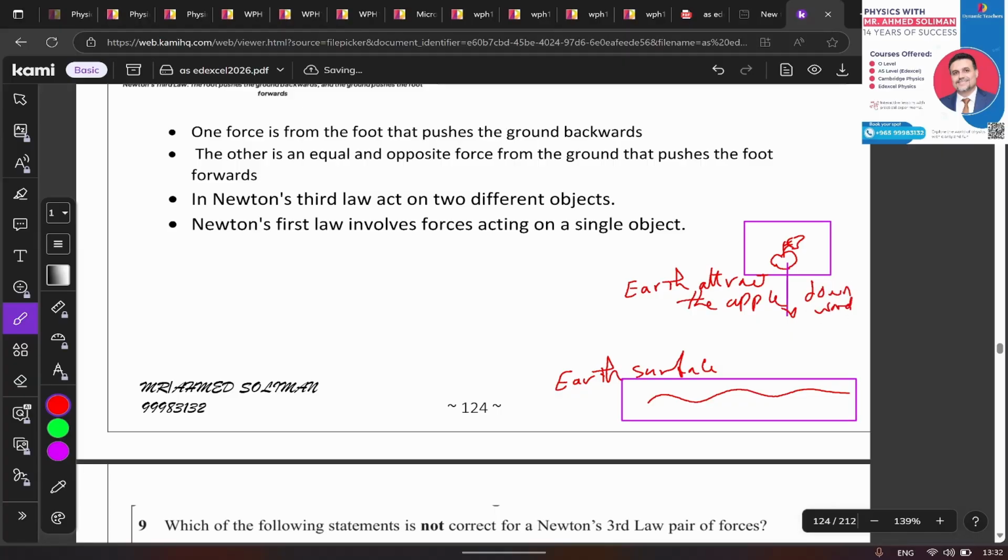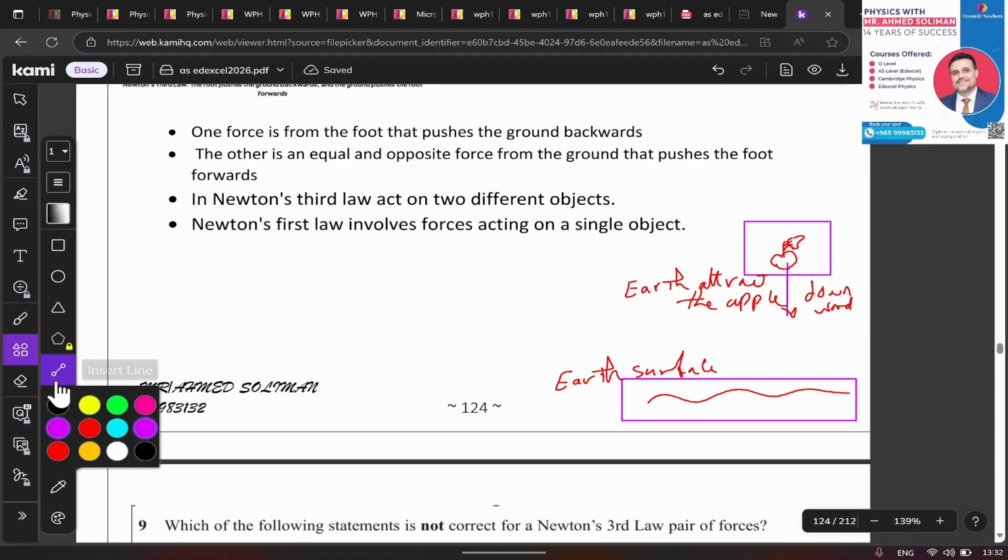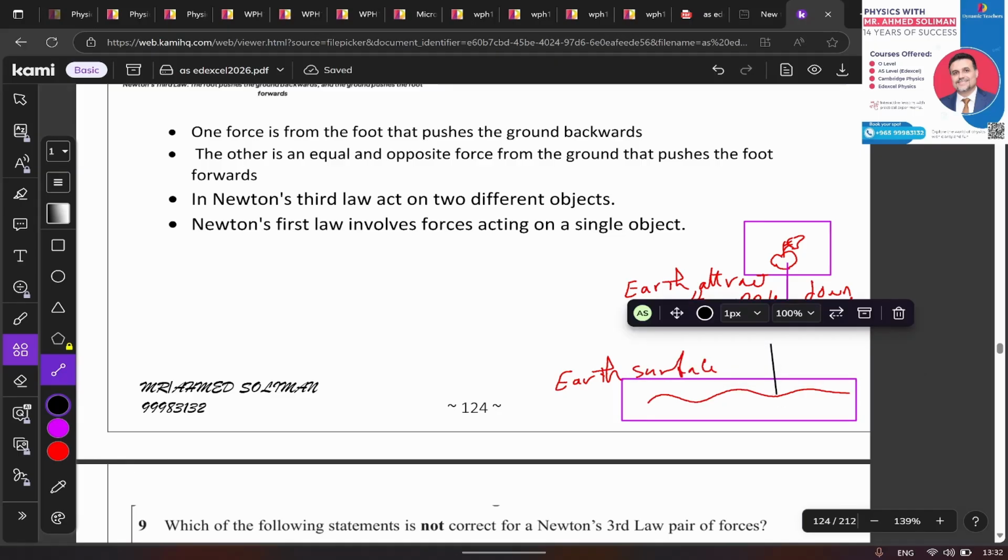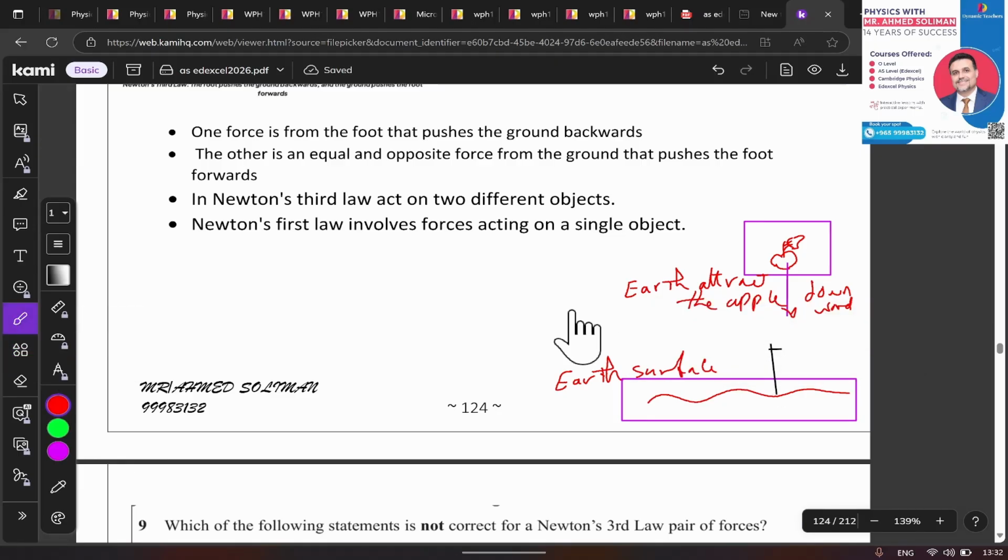What is the reaction force? The reaction force is: the apple attracts the Earth upward.